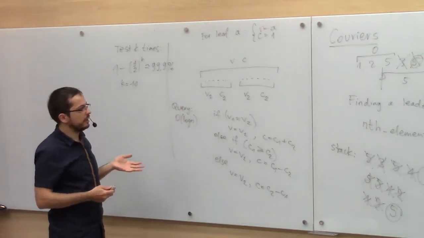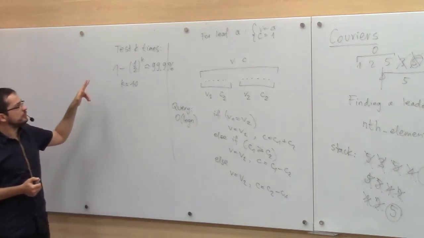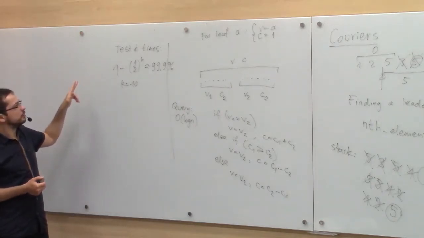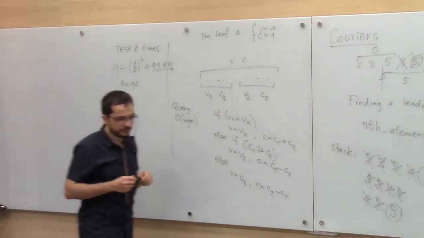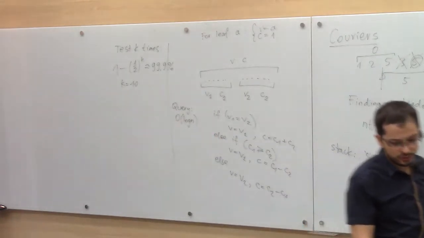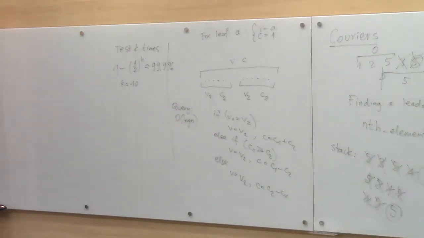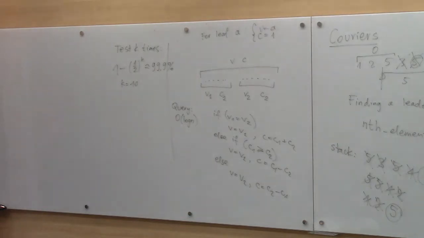So this needs to be adjusted, because we need to multiply the probabilities.